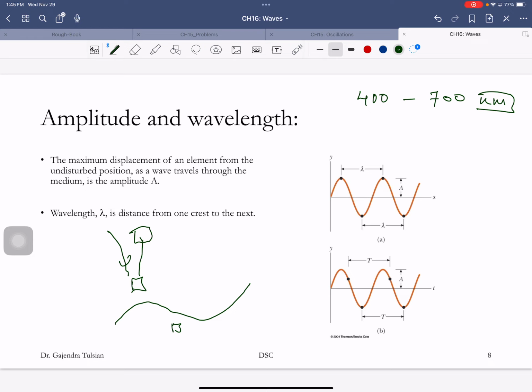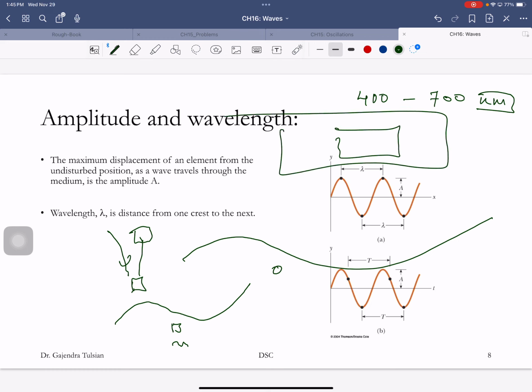To see an object that small, you have to have a wavelength smaller than the size of the object. So if you wanted to see a tennis ball, a radio wave will have a wavelength like that, and you couldn't see a tennis ball with a radio wave. So remember that. With this wavelength, you can see any object this size or larger. This will be useful.